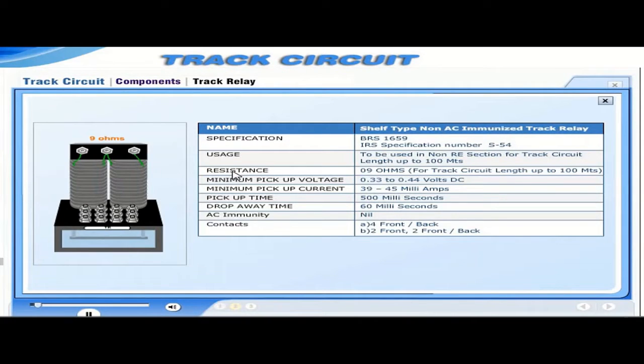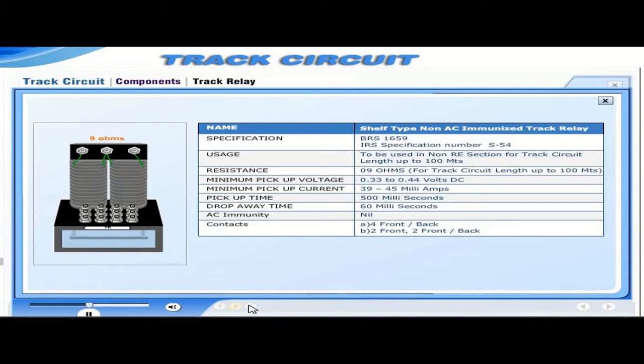Shelf type non-AC immunized track relay. Specification: BRS 1659, IRS specification number S54, is used in non-RE section for track circuit length up to 100 meters. Resistance is 9 ohms.